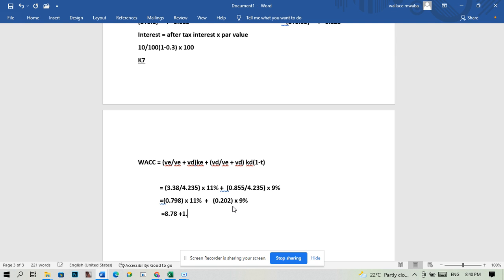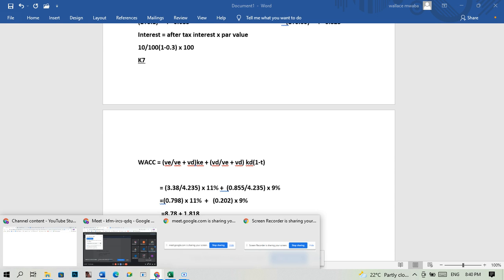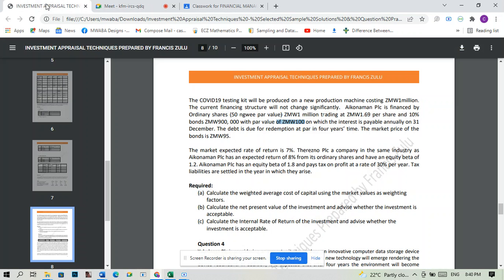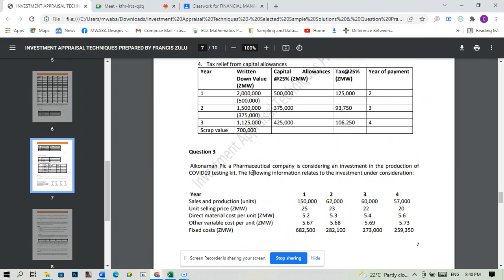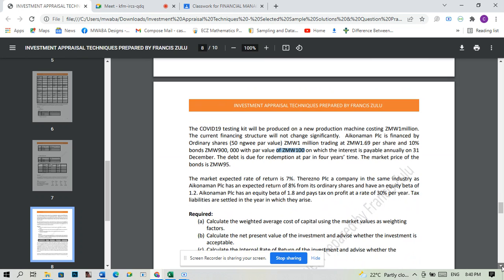I'm late. What are we looking at? Okay, we are looking at the investment appraisal questions, question 3. This one, investment appraisal techniques. The COVID-19 one. Yes.